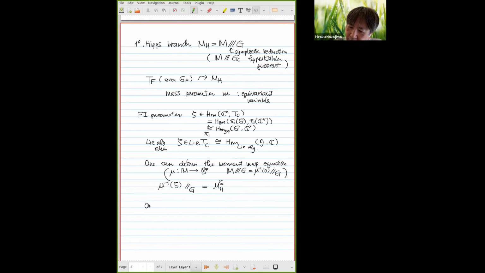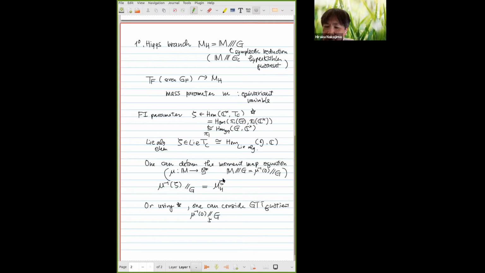From this point of view, one can consider the GIT quotient, mu inverse 0 divided by G in the sense of geometric invariant theory. Or if you are not familiar with these kinds of things, you can also consider this as a hyperkähler quotient.